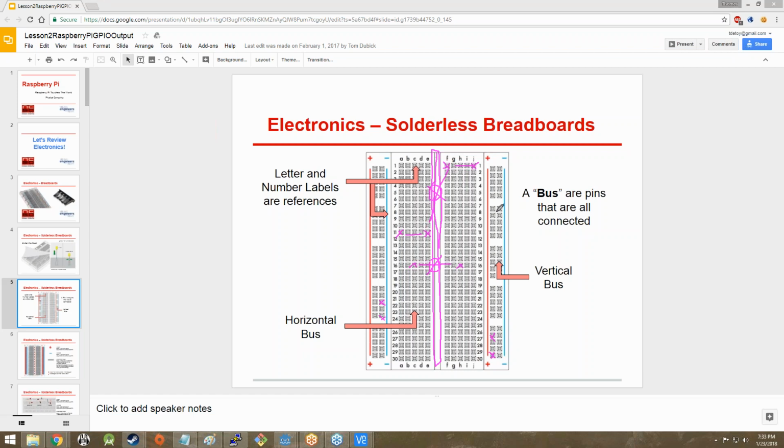Interestingly, though, along the sides, they're connected along the entire length. So that is to say, this one is connected to this one, and this one is connected to this one. So along the sides, they're connected vertically, and they're connected along the entire length.